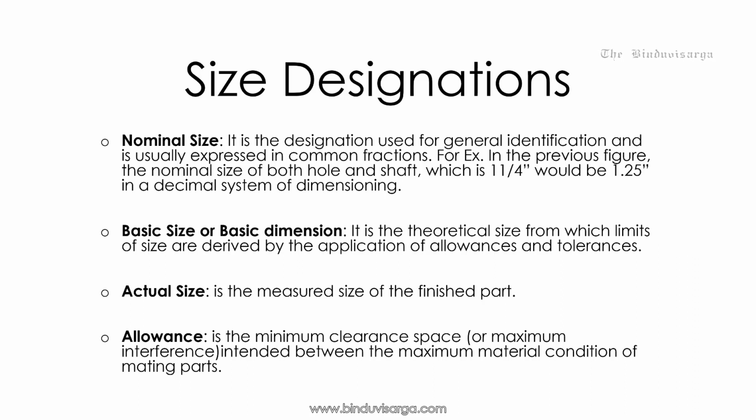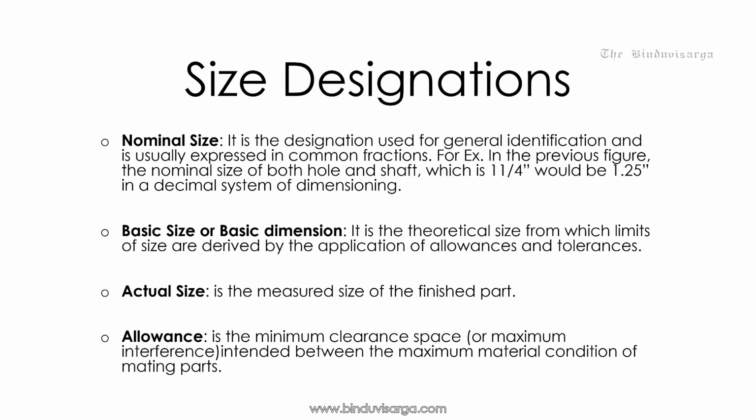For example, in the previous figure, the nominal size of both hole and shaft, which is 1 1/4, would be 1.25 in a decimal system of dimensioning. Basic size or basic dimension is the theoretical size from which limits of size are derived by the application of allowances and tolerances.